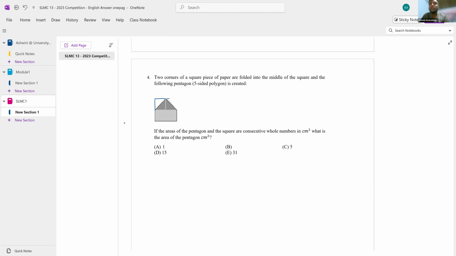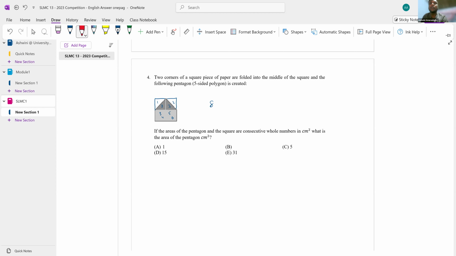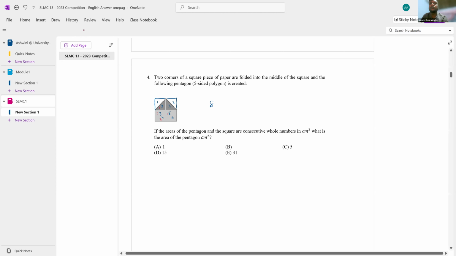And when I unfold this, I can see that there are 8 equal pieces, 1, 2, 3, 4, 5, 6, 7, 8 that are there. So let's keep that 8 there. And now when I fold it, I get 1, 2, 3, 4, 5, 6 pieces.